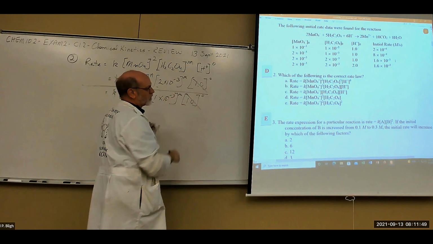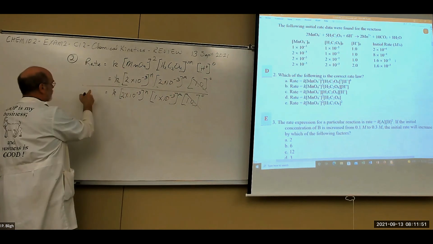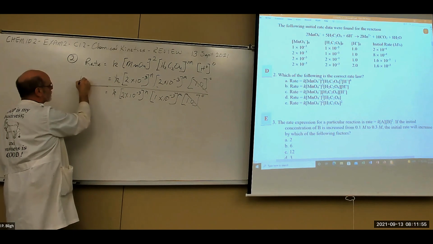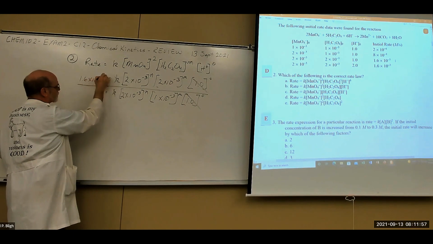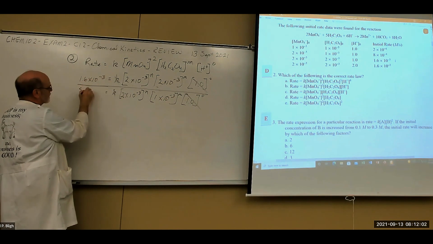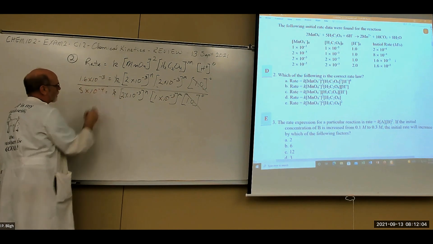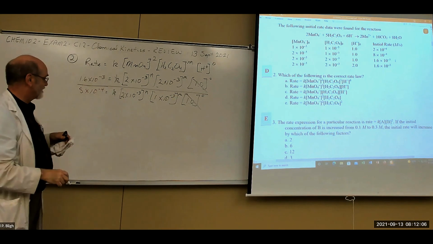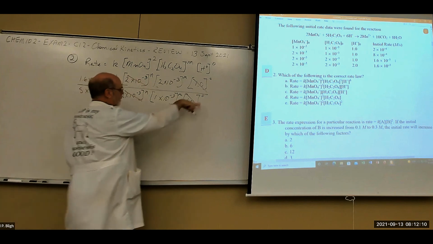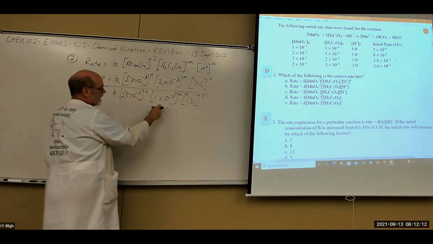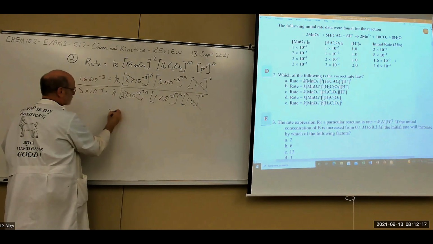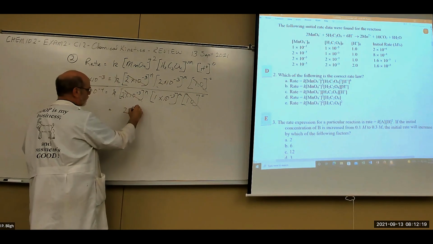And that's going to be 1 and 1 again. These values over here are going to be 1.6 times 10 to the minus 3 and 8 times 10 to the minus 4. Okay? So this one cancels, that one's already canceled, this one cancels, and you have 1 into 2, which is 2, right? So that's 2 to the m.